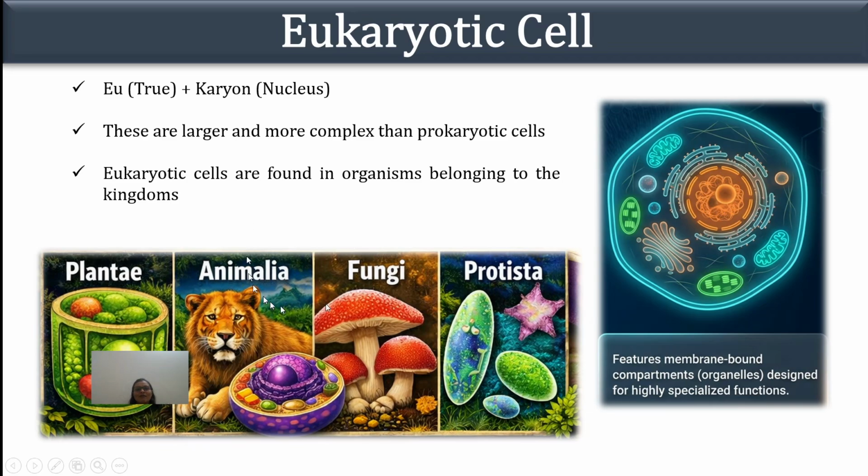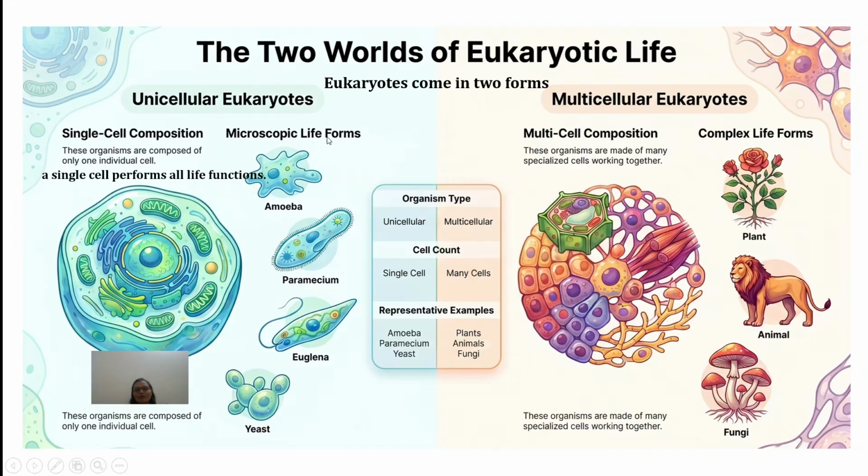Eukaryotic cells are found in organisms belonging to the kingdoms Plantae, Animalia, Fungi, and Protista. So when we compare prokaryotic and eukaryotic cells, the eukaryotic cell is larger and more complex. That you have to remember.